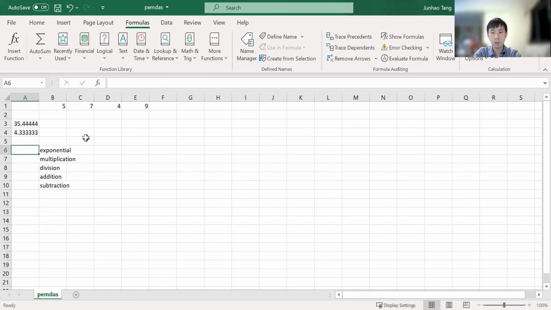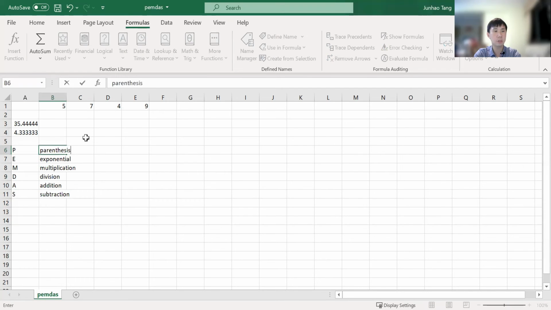You must remember this thing called PEMDAS. P stands for parentheses. But I don't like to use the word parentheses, I use the word brackets. It means the same thing. So parentheses will always come first, followed by exponential, multiplication, division, addition, and subtraction.